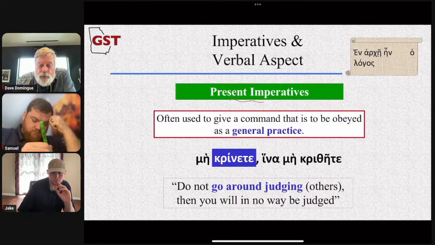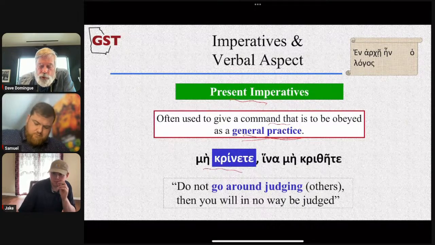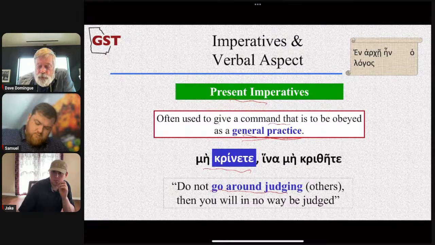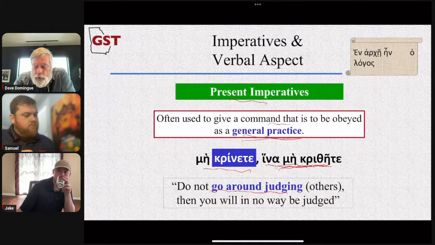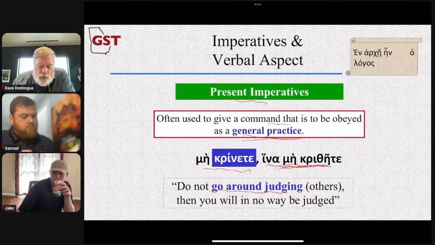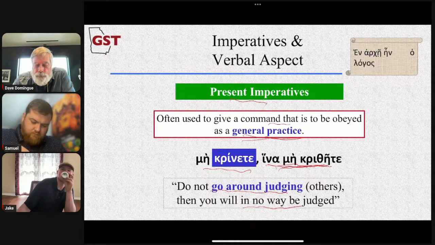The present imperative, often used to give a command, is a general practice. Don't judge. So, in other words, don't go around judging. This is a subjunctive. Hina mē krithēte. Don't go around judging, then you'll in no way be judged.